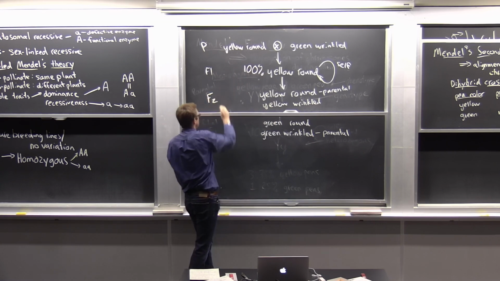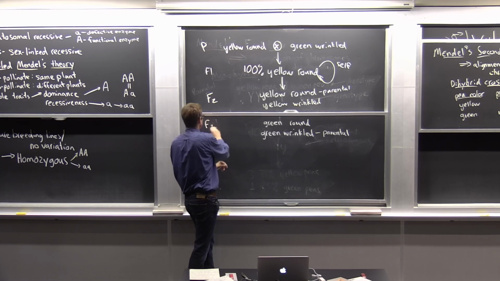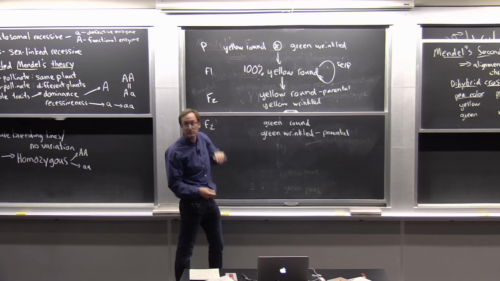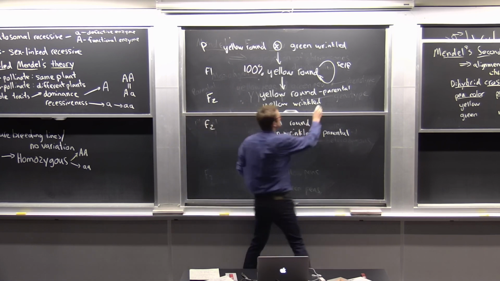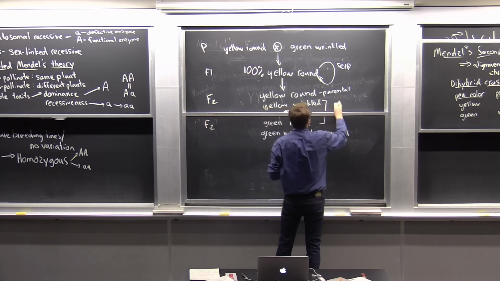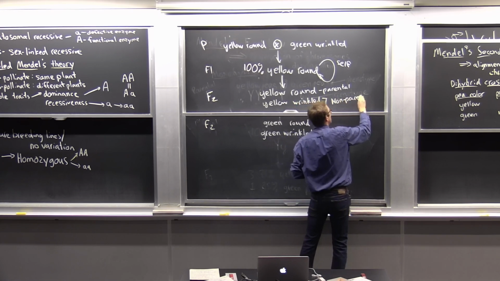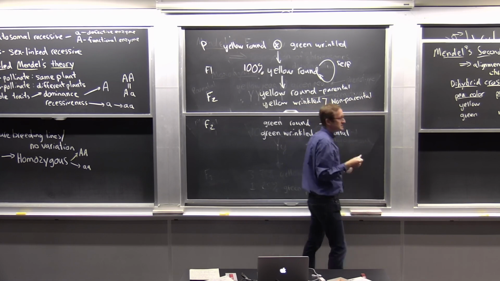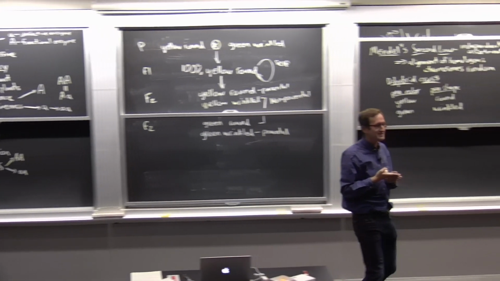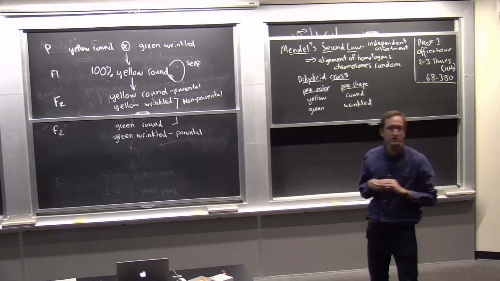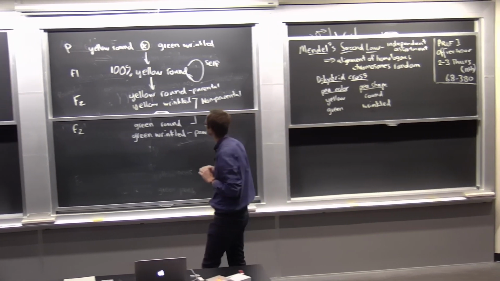Sorry, this is all F2. This is F2 continued. You also see green and round were not present in the parental generation. So these are referred to as being non-parental. This non-parental class is a unique combination of traits that wasn't present in the original parents.